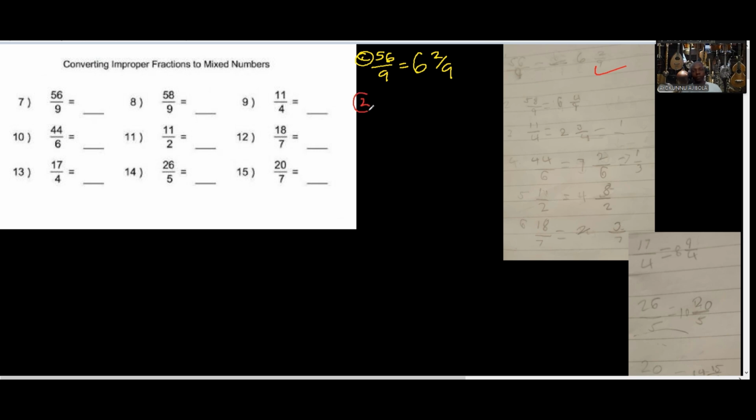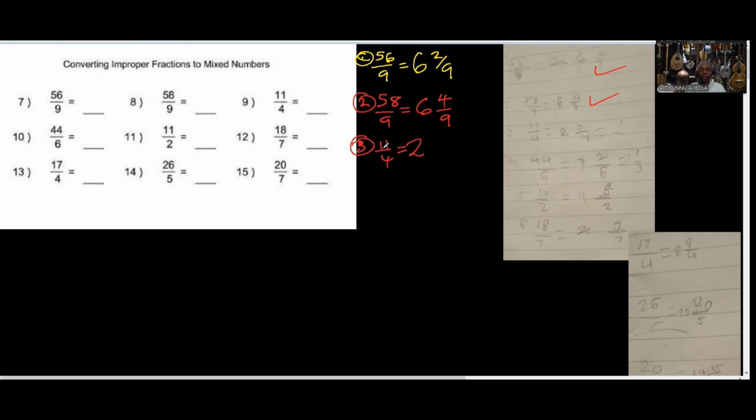Then the second one, number 8. That's 58 over 9. The same thing, 9 in 58 is 6, and that's 54. When you remove 54, you now have 4 over 9, and that's also correct. And the third one, number 9, you have 11 over 4. How many 4s in 11?